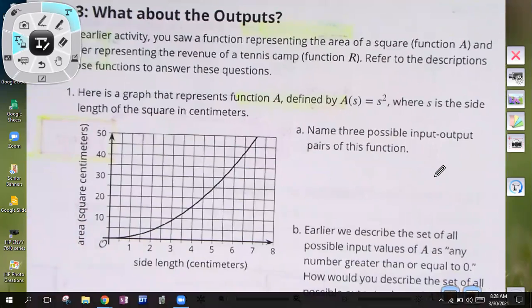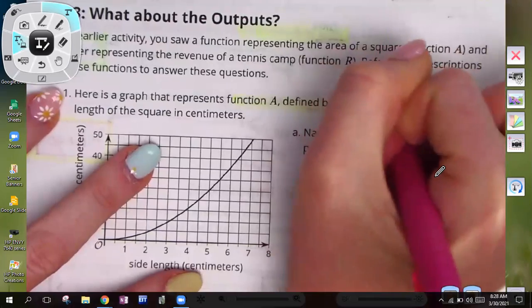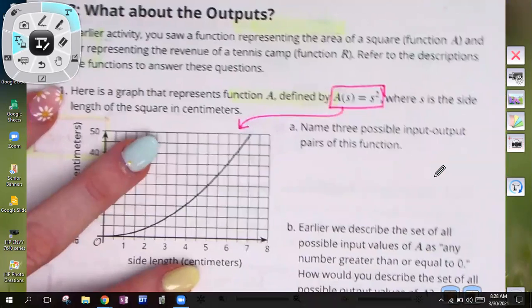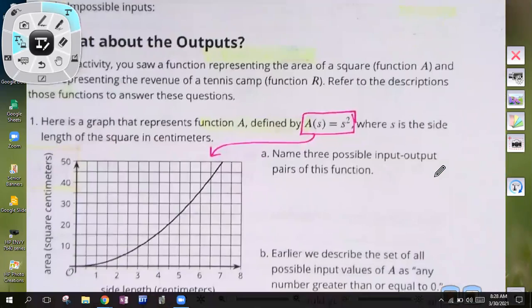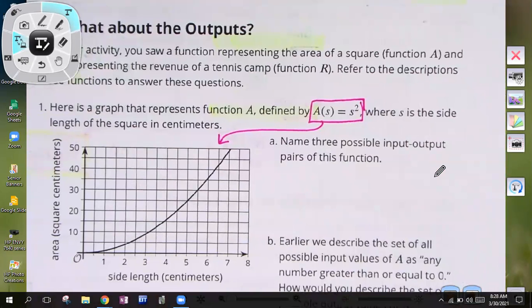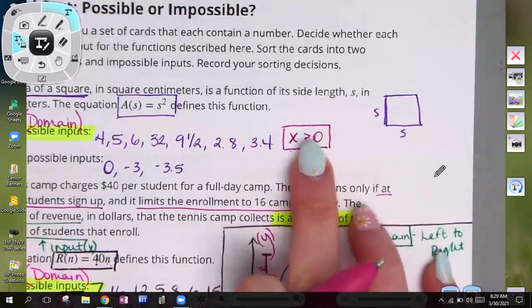It says, here's a graph that represents function A, which once again is this guy. Okay, so here's its graph. Now, if you remember what we said earlier about this function, when we're talking about the side length, they would always have to be greater than 0.